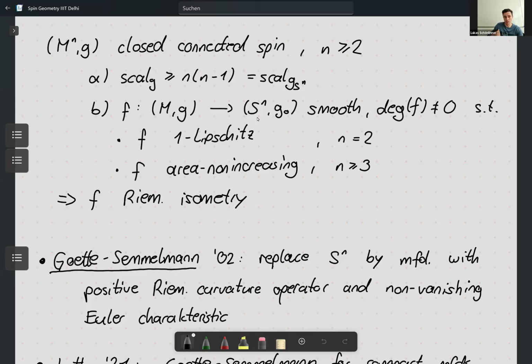That's important for the index computation. Actually this theorem is a bit more general because it allows the domain and the image of F to have different dimensions, and the conclusion is then that it's a Riemannian submersion.